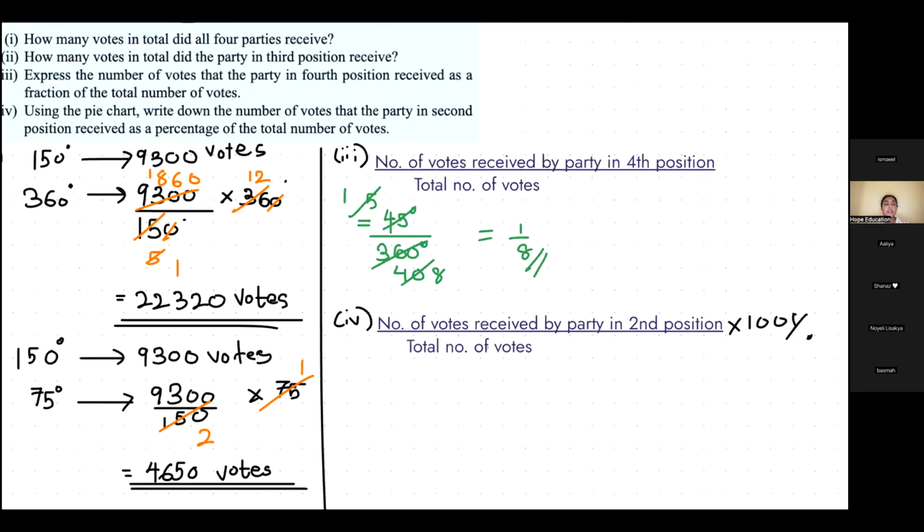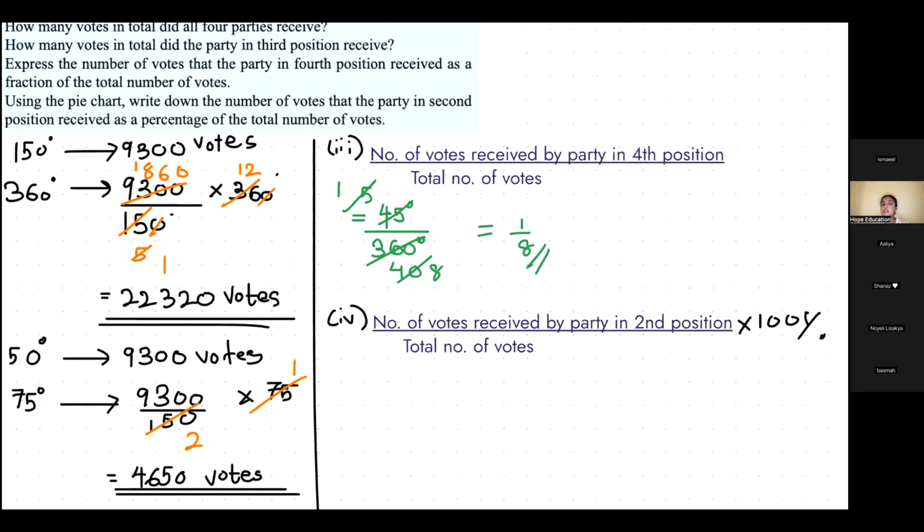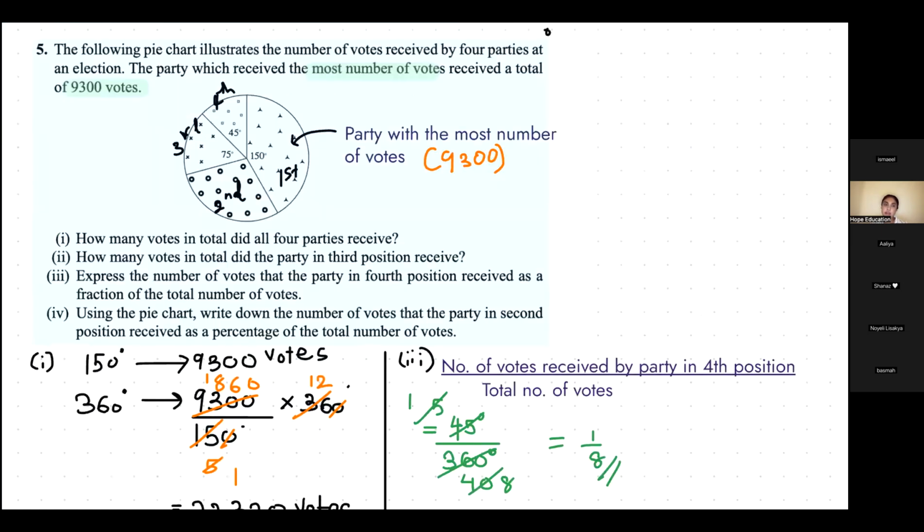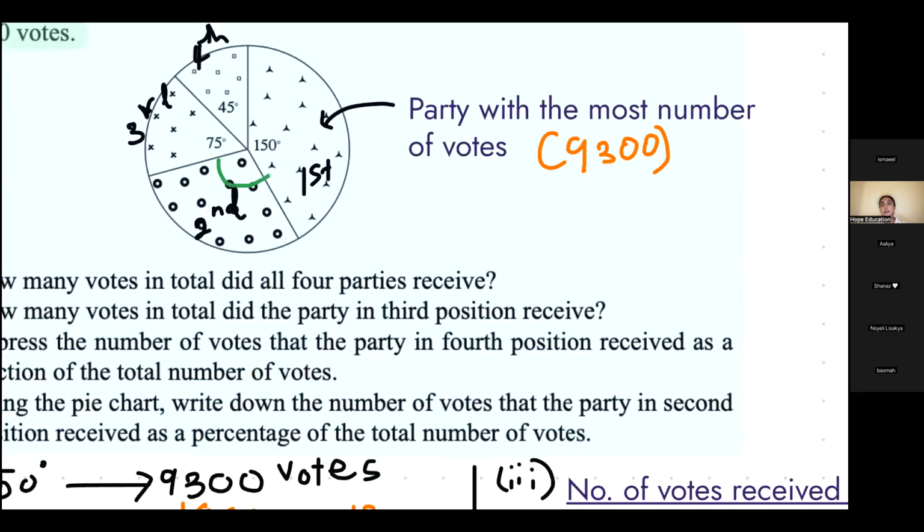Now the number of votes received by the party in the second position, we don't know that, but we know the angle. What is the angle here? How do we find the angle there? Yes. There's 75, 45, 150. So subtracting from 360 we get the angle.